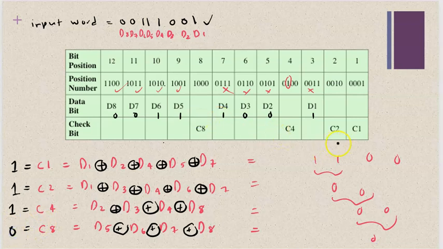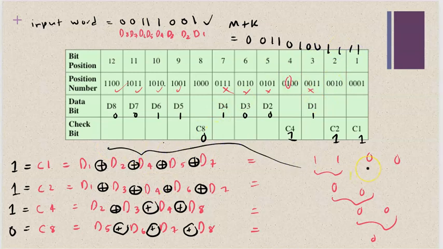So now I can write it over here. 1, 1, 1, and a 0. So the word that I have from M plus K would be 0, 0, 1, 1, 0, 1, 0, 0, 1, 1, 1, 1. It is based on these bits that we have found.